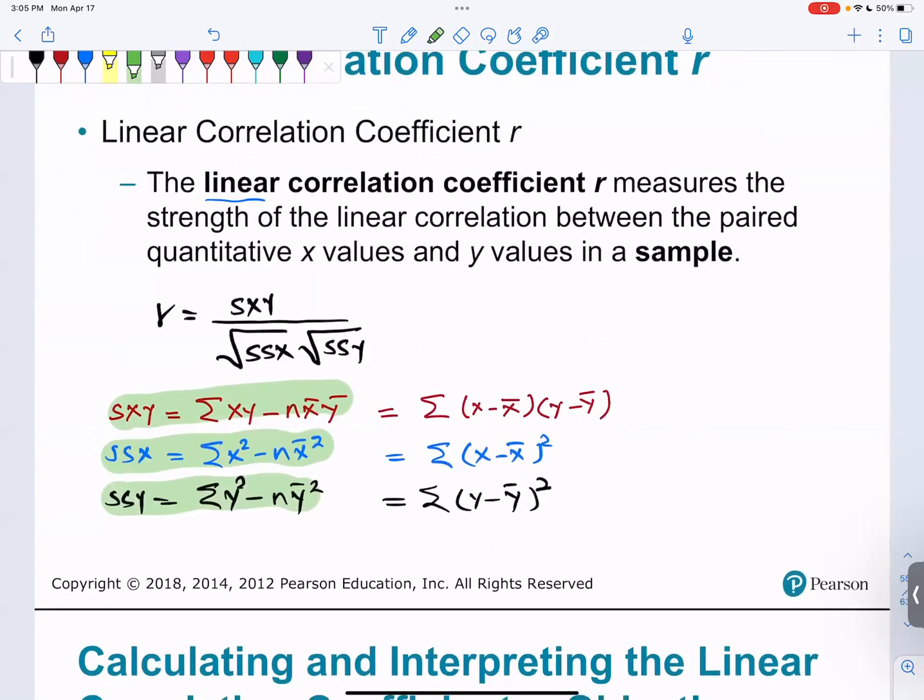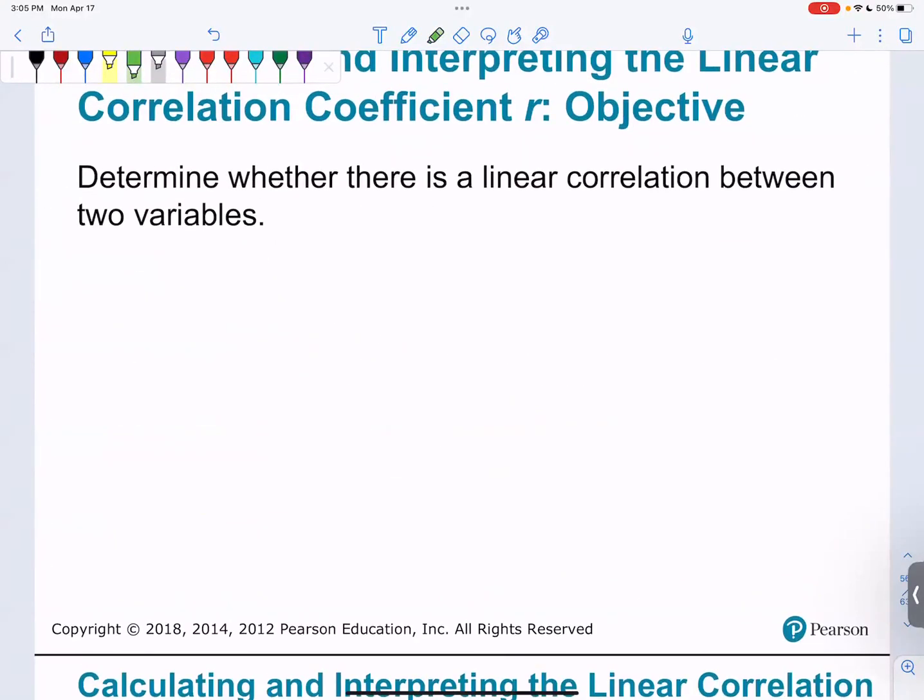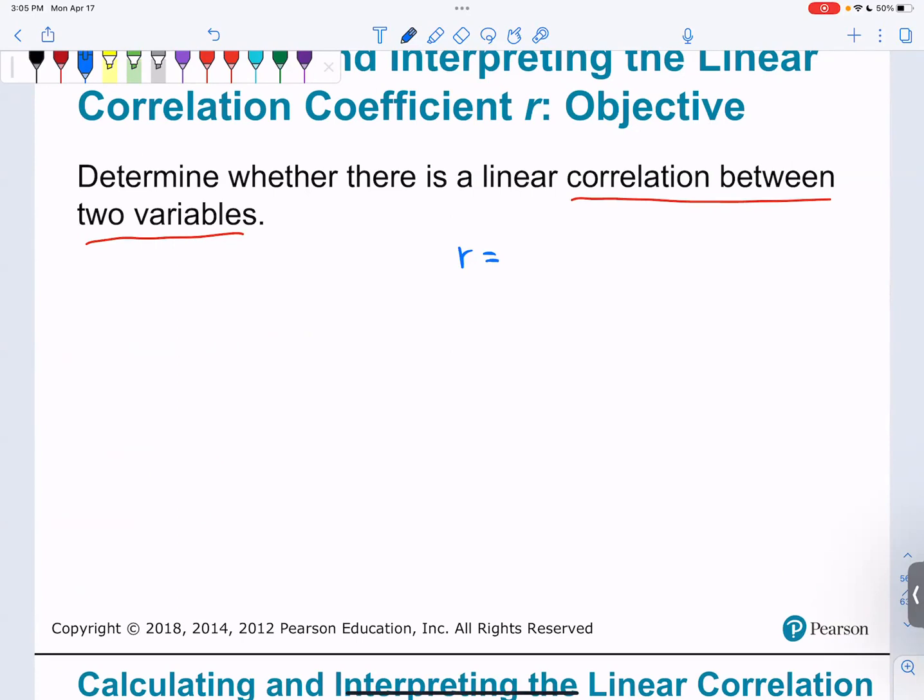So the first step we can do here is to know if we have linear correlation or not. So how can we know? This value R will give us whether there is a linear correlation between two variables or not. Only linear.